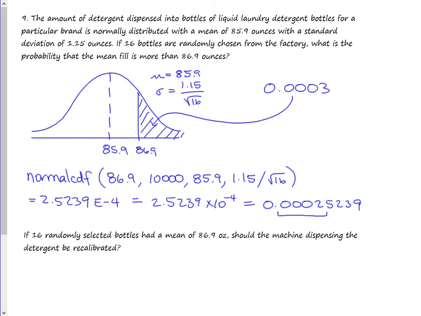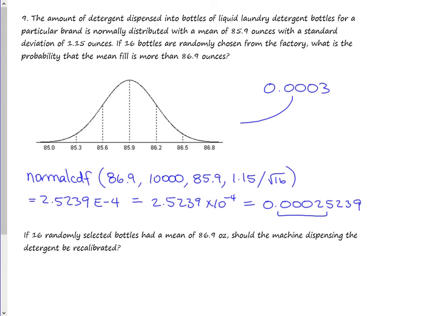In fact, let me bring up a scaled drawing of this distribution. Okay, so there's a scaled drawing. My sketch was not scaled. I have 85.9 as my mean, and then using the standard deviation, which was 1.15 divided by the square root of 16, turns out to be a fairly small number.